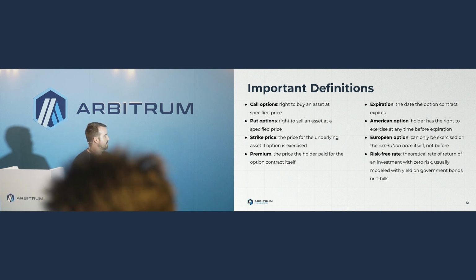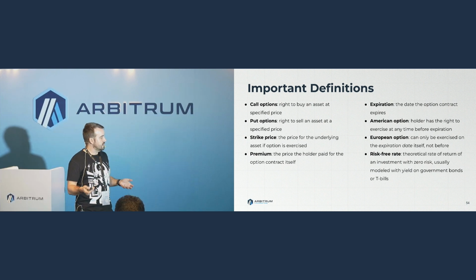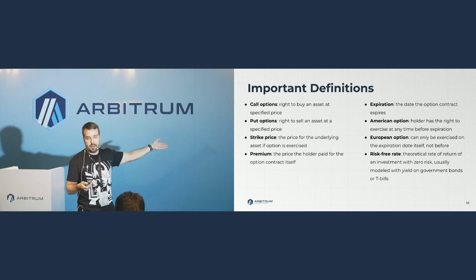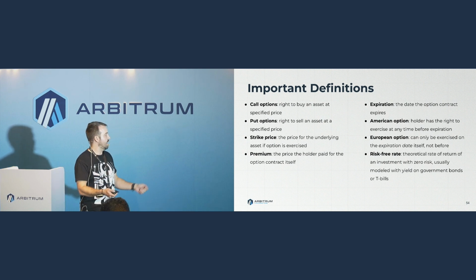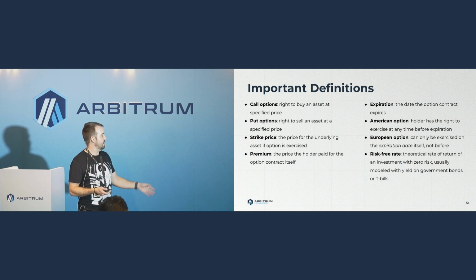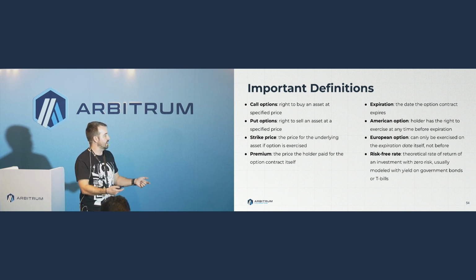That's the strike price. Premium is the price that you paid for the option contract itself. So you might pay $1 for that contract, you might pay 50 cents for that contract in order to have the option to buy that. Whatever the premium is, it's the price you paid for the option.